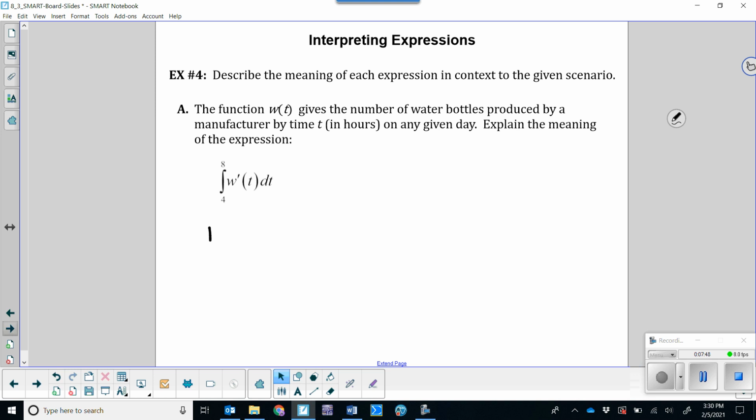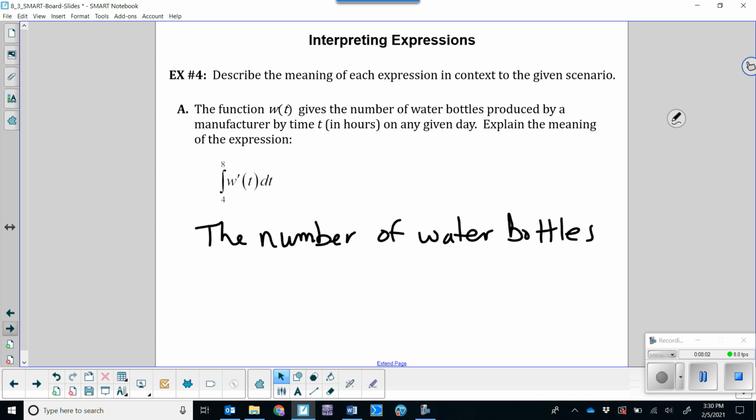So this would be the number, or you could say the total number, as long as you say the right thing here. Sorry, the number of water bottles produced, because that's what they told me W(t) was, number of water bottles produced during the 4th and 8th hours.